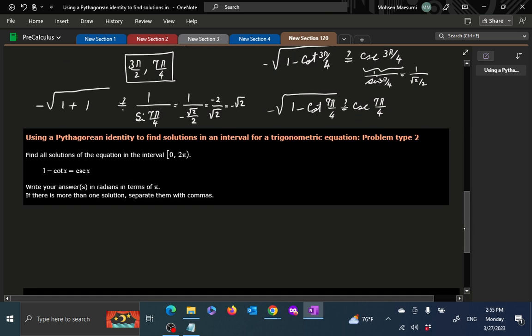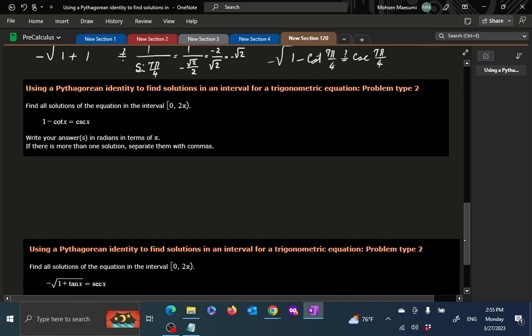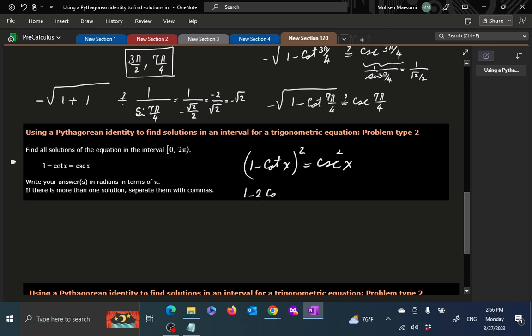Okay, the last of these is very similar to what we had last time, so I'm not so sure why it's included here, but 1 minus cotangent of x, we square that, is equal to cosecant square of x. So 1 minus 2 cotangent of x plus cotangent square of x.